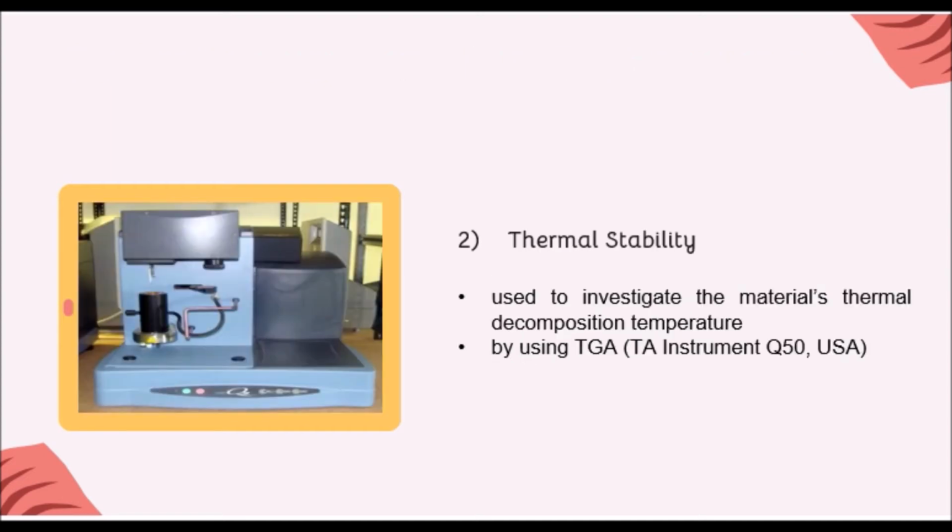And the second one is the thermal stability, which is used to investigate the material's thermal decomposition temperature by using the TGA, the thermogravimetric analysis, using the TA Instruments Q50, USA, which can be shown in this picture.